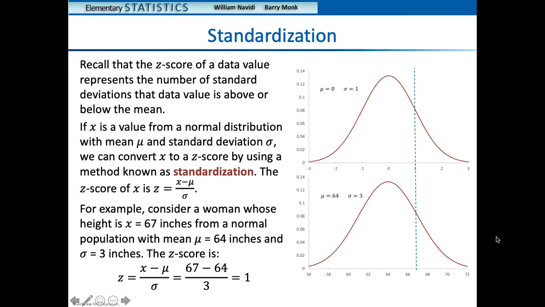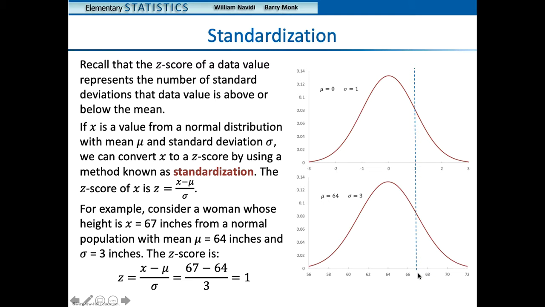At the bottom of your screen here, we have a normal curve which represents the distribution of women's heights, right? The data we're given is that the mean height of women is 64 inches with a standard deviation of 3 inches. Let's consider a woman whose height is 67 inches. Well, 67 inches is above the mean, right over here somewhere.